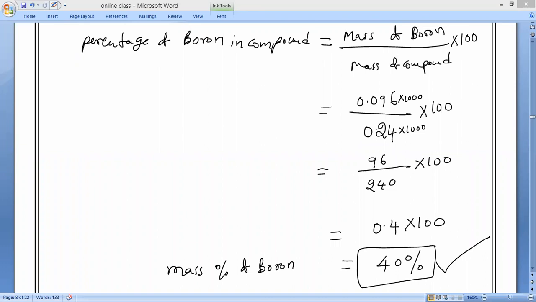So this is what is called the laws of chemical combination. One is the law of conservation of mass and the second one is the law of constant proportion, or we can say fixed proportion. One more is there, the law of multiple proportion, which we'll study in the 11th class.